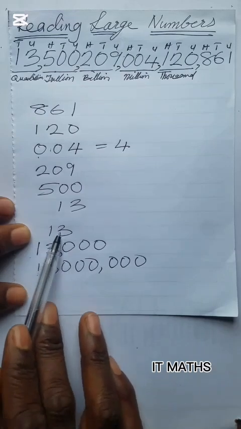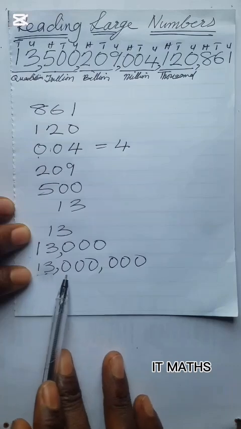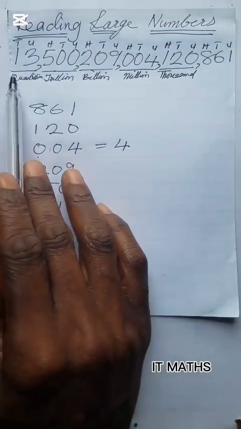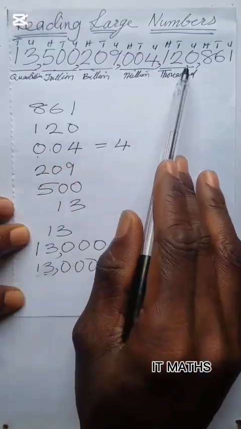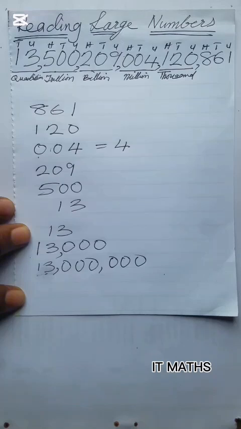So this number isn't just an ordinary 13, but a 13 million. What makes it million? It has 6 zeros behind it. What makes this 13 quadrillion? It has 3, 3, 3, 3, and 3, 15 zeros behind it. So that is what we take note of when we are reading numbers.